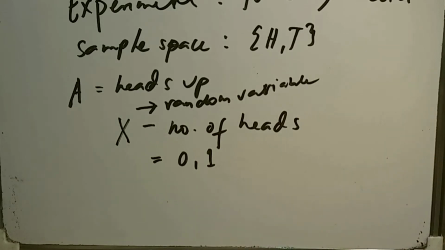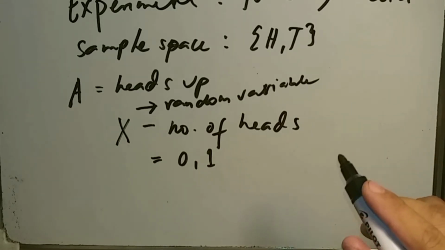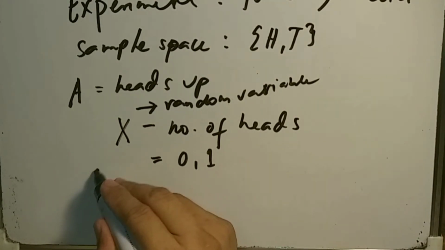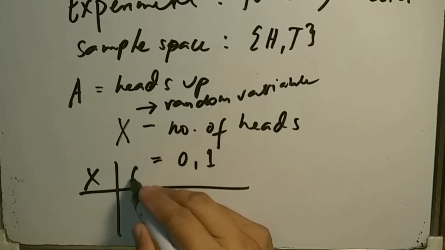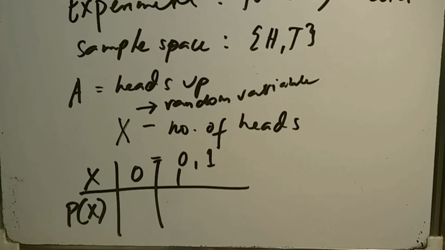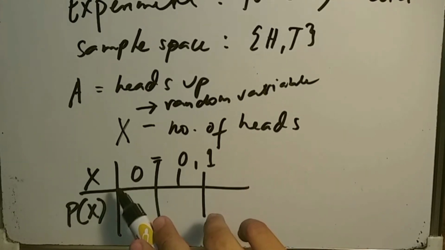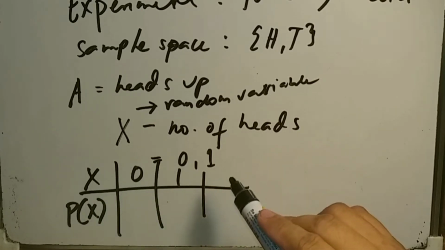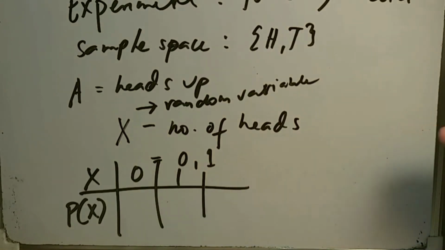Now let's have a table for this random variable X. We have X here, so 0, 1, and then below we have P of X. If we take the probability of X equal to 0, that means we are getting the probability of getting no heads up, meaning the probability of getting tails.